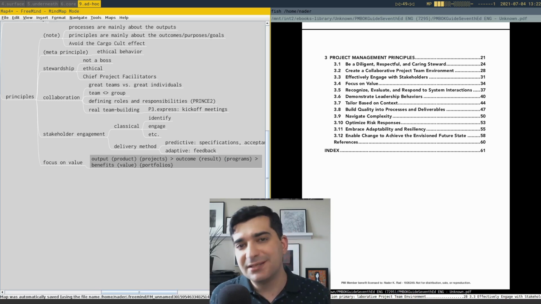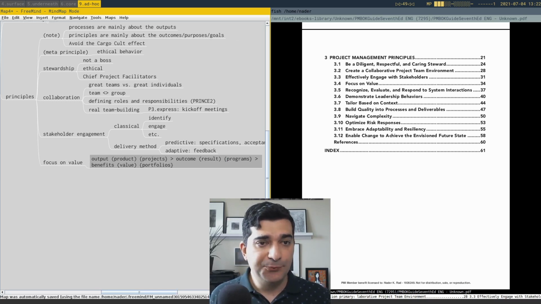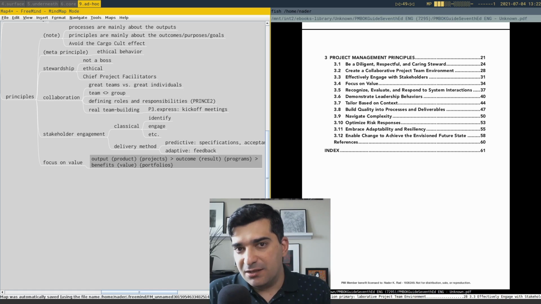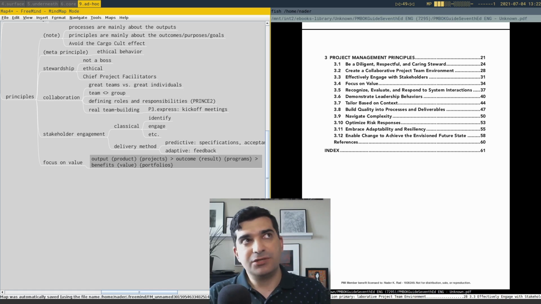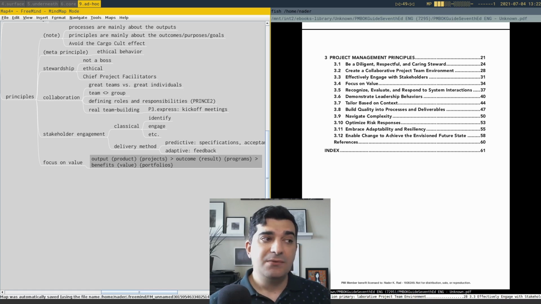That's the classical way of understanding these elements. So when you want to build a bridge, for example, which makes it a predictive project, you're not continuously thinking about value and then try to see how you can translate that into a bridge, because your bridge is already designed. But we still need to understand the business justification of that project.